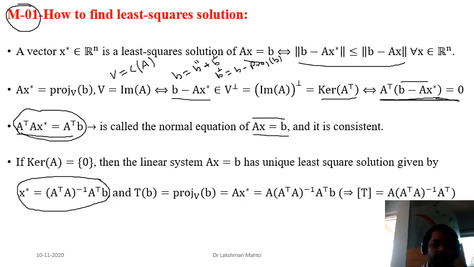Further, if you look at the value of the projection of B, with the x star you have already got, the projection of B is simply A times the inverse of A transpose A times A transpose B. Recall, during the recap, I had discussed how to find the matrix of an orthogonal projection.